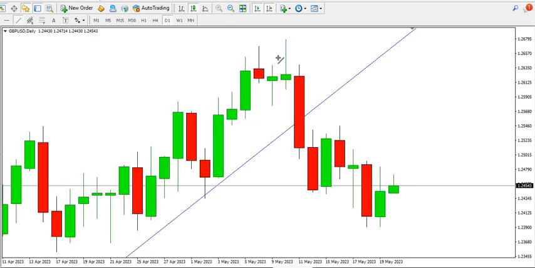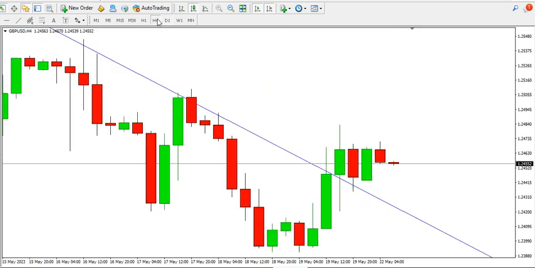This descending trend line is being respected. Look at the shadow around here, and look at how price rose up for today, but it's dropping. So we might possibly see a bearish continuation pattern.